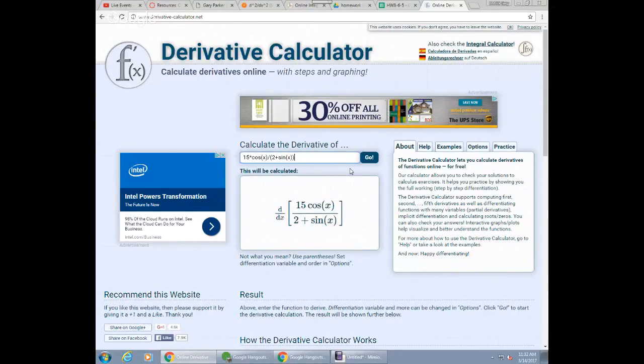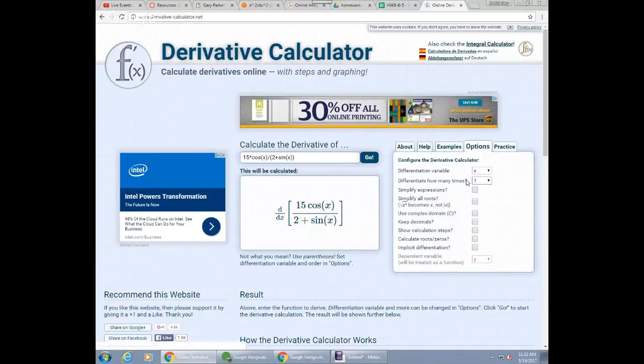And how do I tell it to find multiple derivatives? How many times? Oh, this is sweet. Go. Oh, we missed the square. Where does that go? Right there. You guys have good eyes. All right, go.